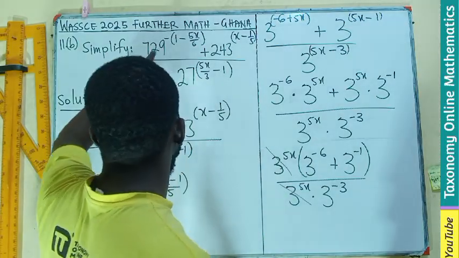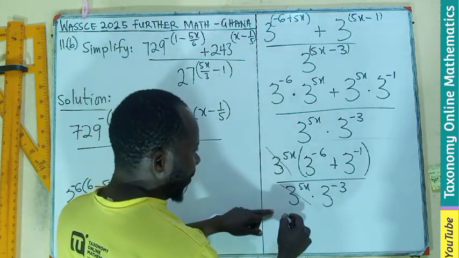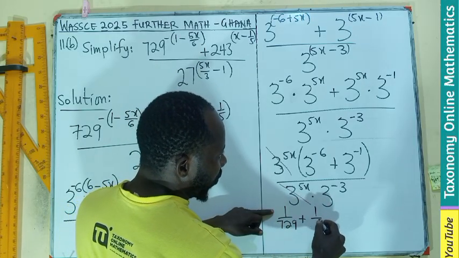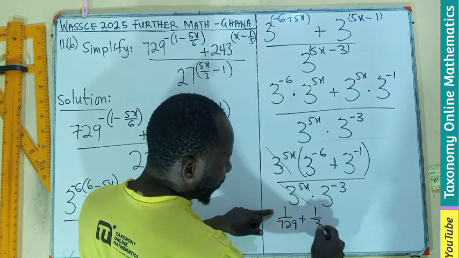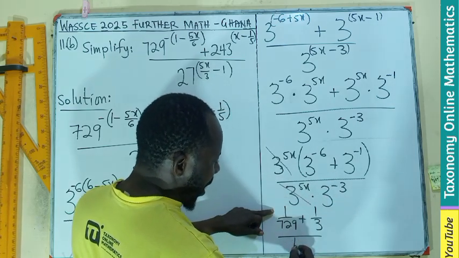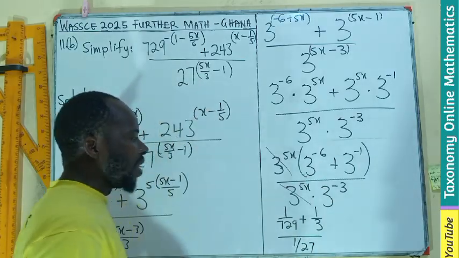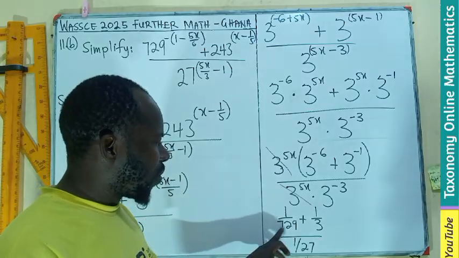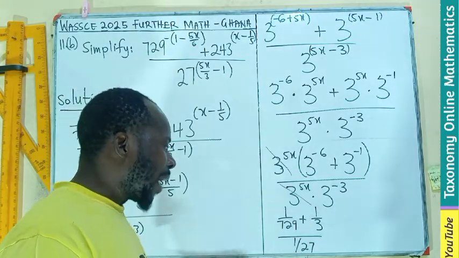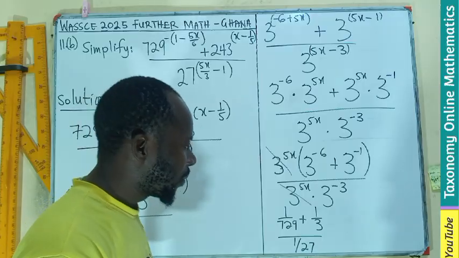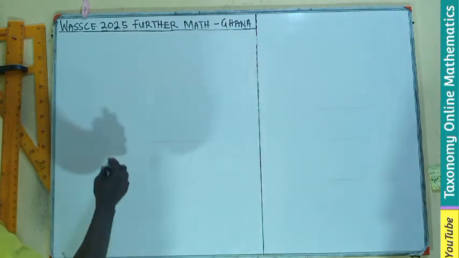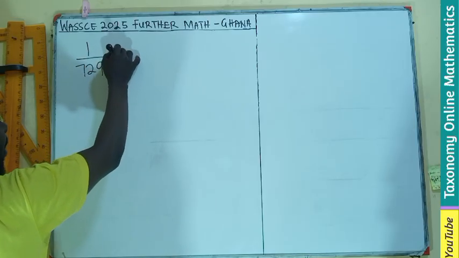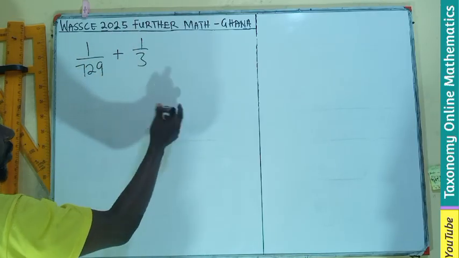This will come back to the beginning, 729. So we have 1 over 729 plus 1 over 3, divided by 1 over 27 if you convert them back into fractions. Let me compute the numerator separately, then the denominator separately. I've cleaned the question up, which is 1 on 729 plus 1 on 3.